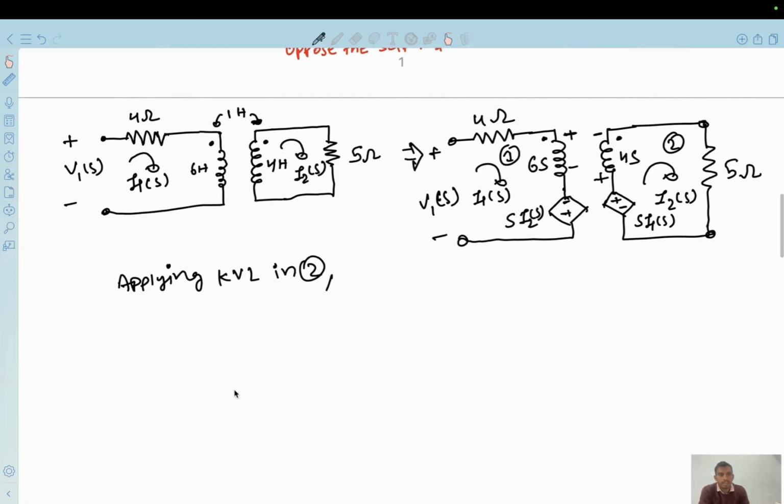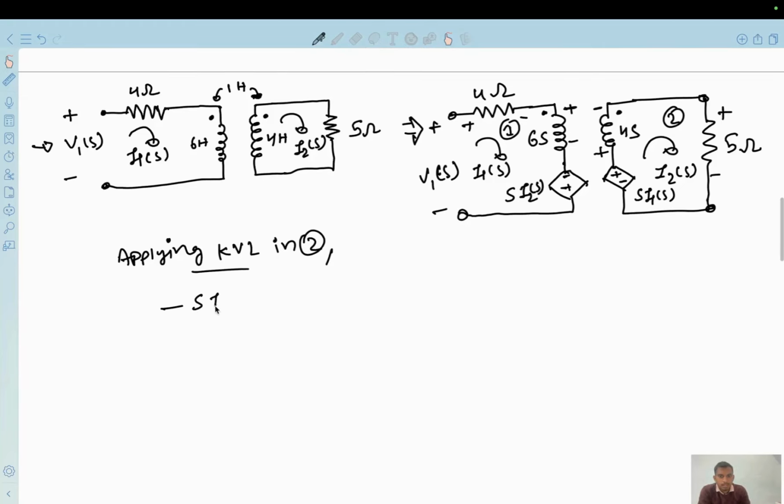By applying KVL in loop 2, we can write the equation as minus S I1S plus 4S I2S plus 5 I2S.